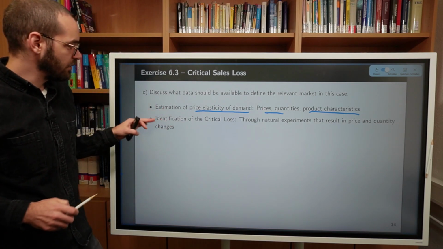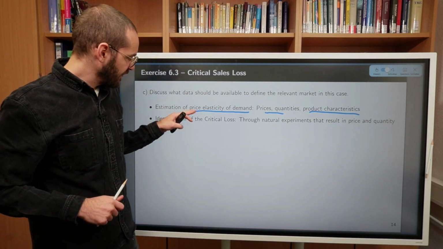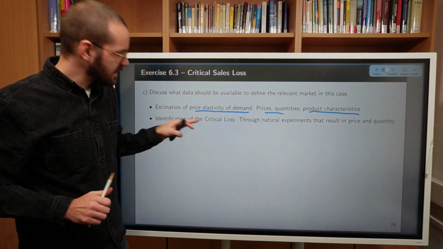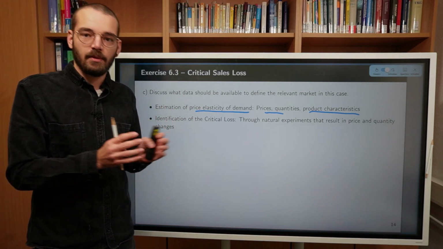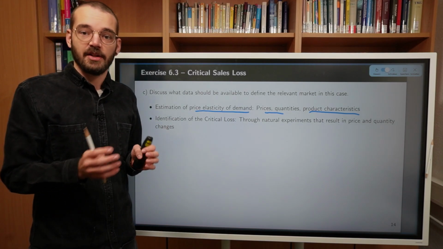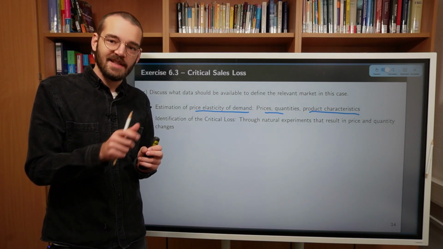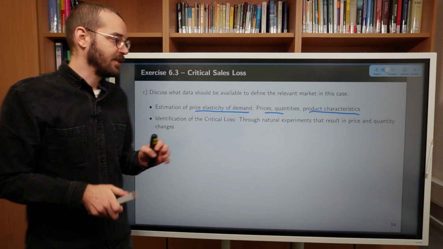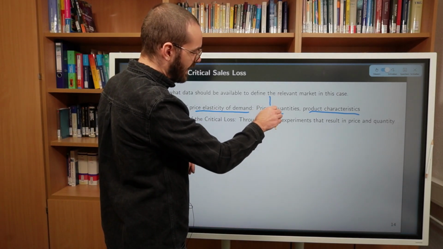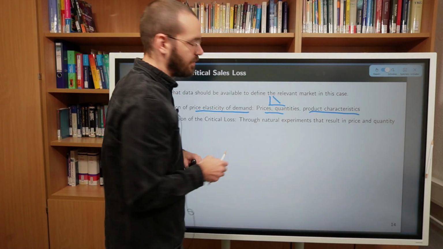Because, well, if we want to estimate elasticity, so relative changes, or alternatively expressed in the non-discrete case as derivatives of the demand function, of course, we need to estimate a demand function first.